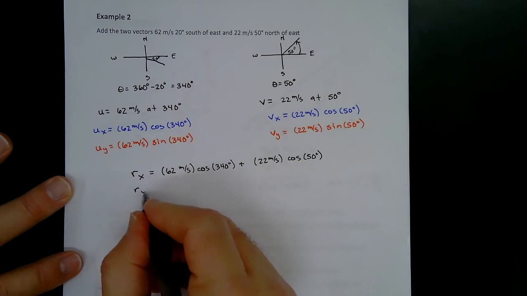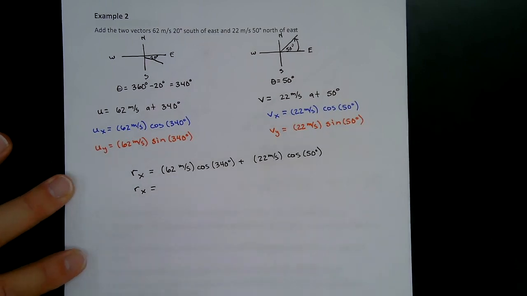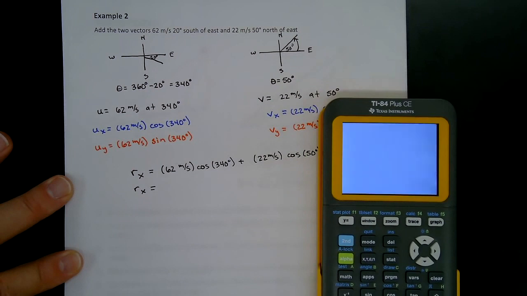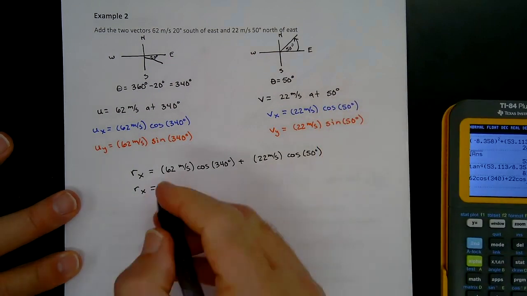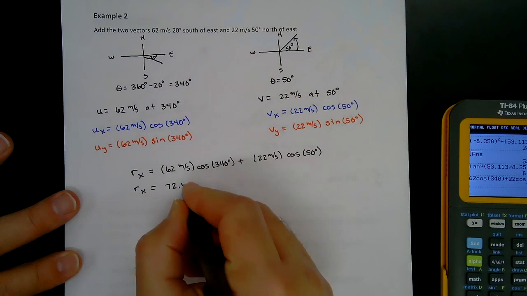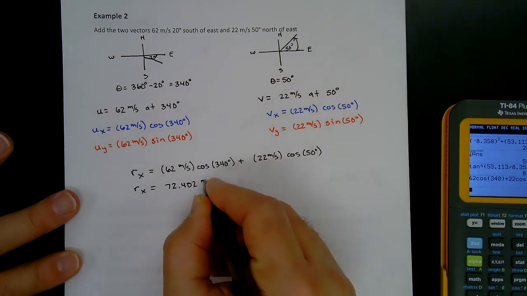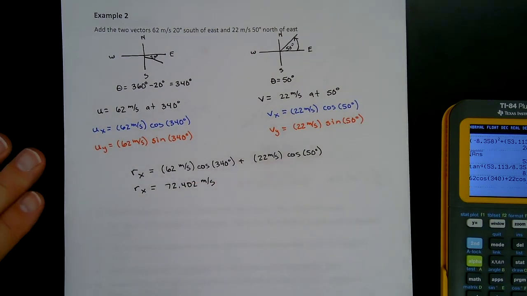And then we'll put that into our calculator. And so 62 cosine 340 and then plus 22 cosine of 50. And we get 72.402. And that's in meters per second.